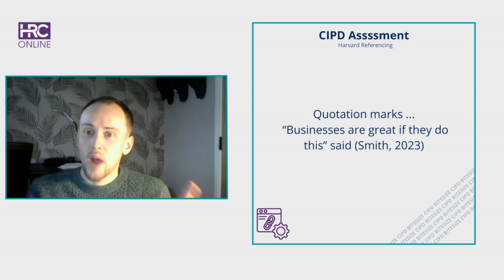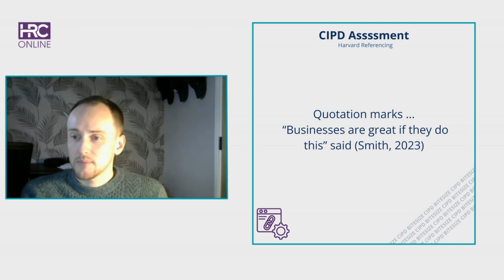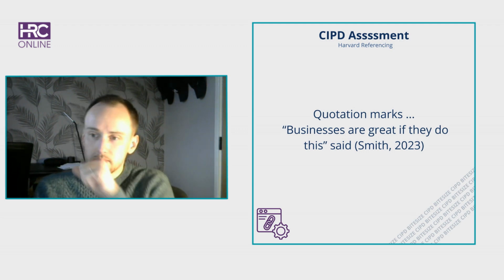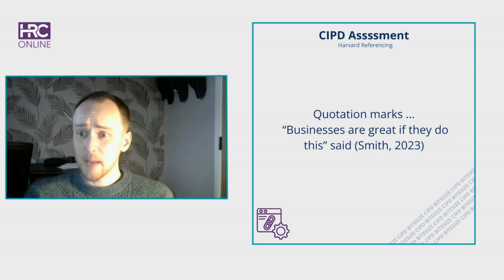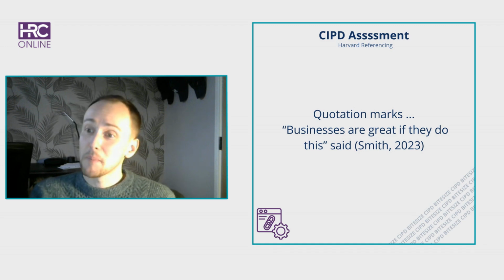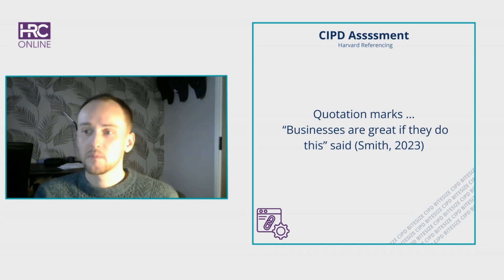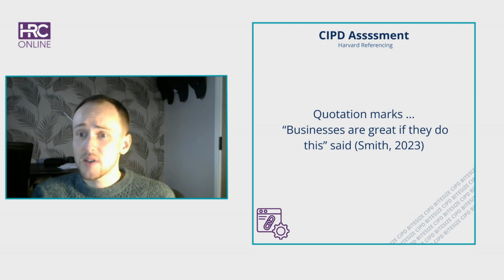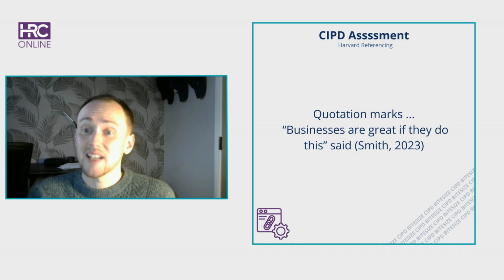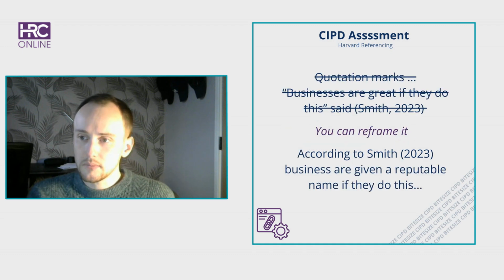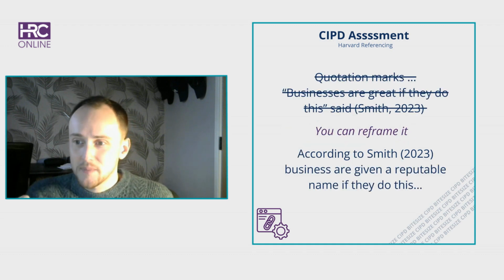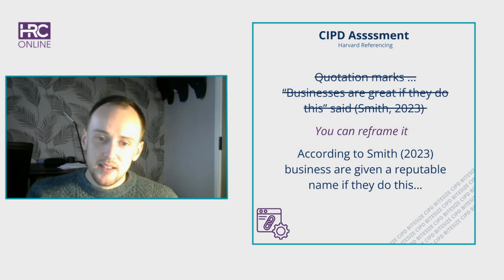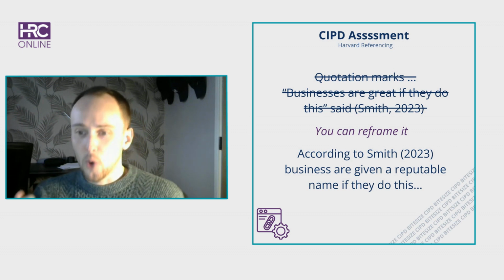The common way that people reference is to use quotation marks. For example, this person here has said, "Businesses are great if they do this," said Smith, 2023. Although not incorrect in how it's been referenced, there's a way that you can do that slightly better. You can reframe it and put that into more of an academic formal manner.